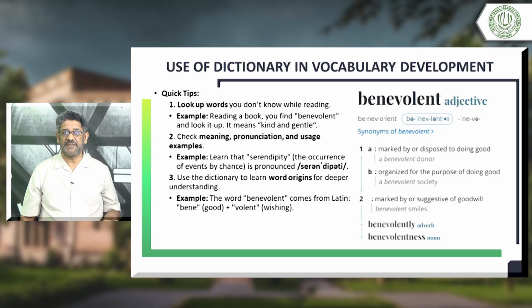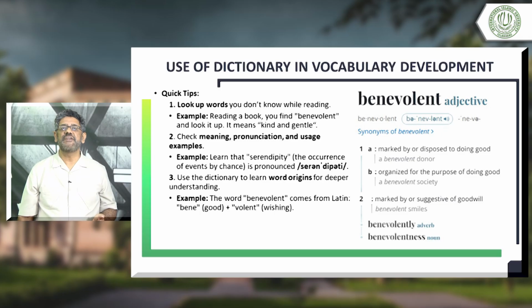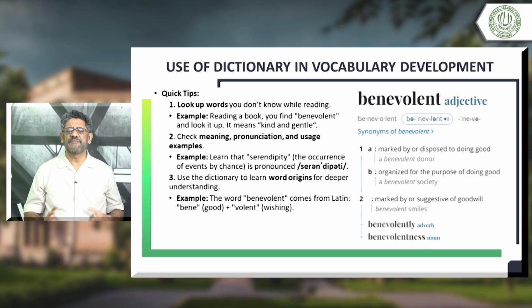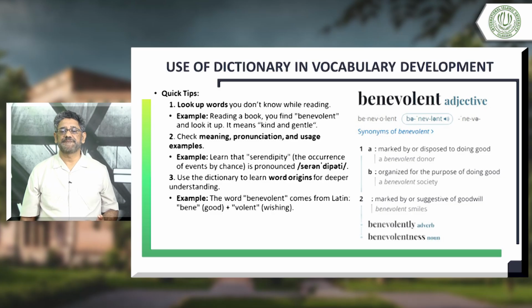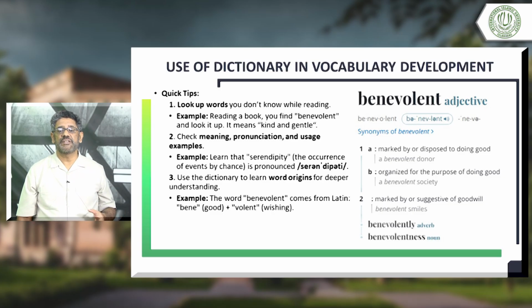Remember this thing. Example, serendipity. This new word, the occurrence of events by chance. We have chosen a difficult word. It is showing you the pronunciation, how to pronounce it. Now see, word origins. What are the origins of words? For deeper understanding, we need to know them.